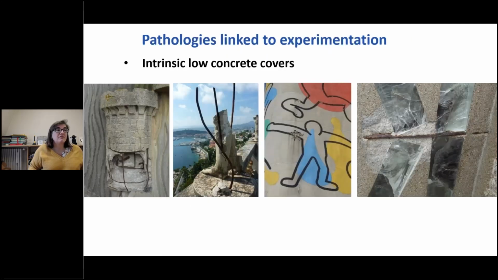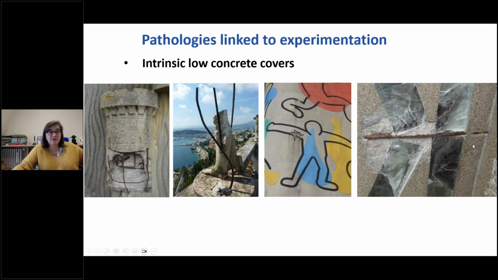We also have surely intrinsic low concrete cover for such a sculpture. You can't have the necessary concrete cover, and you can see that on this tower, and here on Kissaring in Necker Hospital in Paris, a fresco.